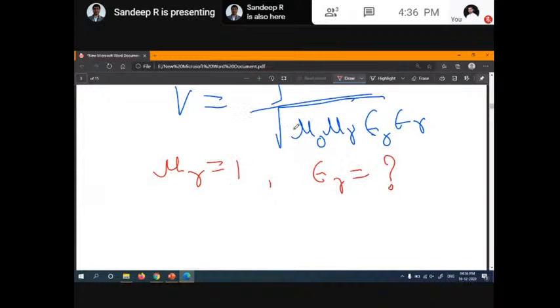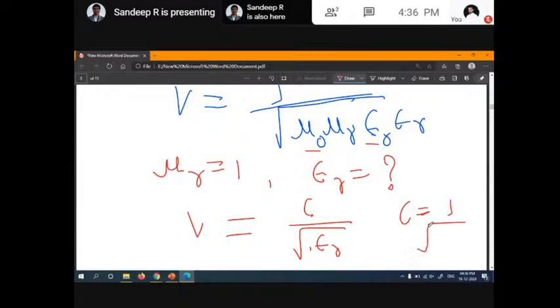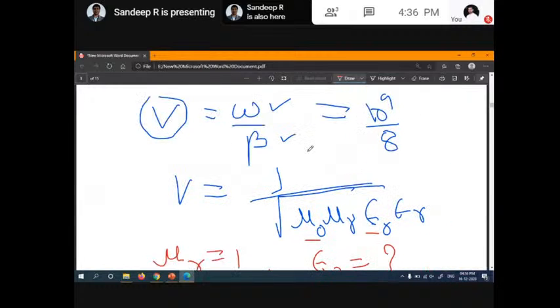And 1 by root of mu naught into epsilon naught is nothing but the velocity of light. So this expression can be written as c divided by root of epsilon r, where c is 1 by root of mu naught epsilon naught.